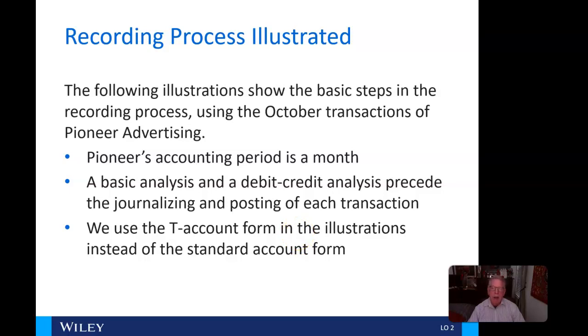A basic analysis and debit and credit analysis precede, of course, the journalizing and posting of each transaction. Then we use a T account to illustrate how that looks in standard account form. So let's take a look.